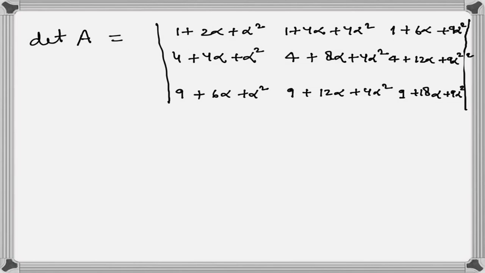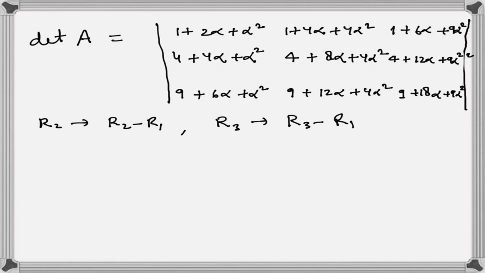We'll make some elementary row operations. I will apply R2 goes to R2 minus R1, and R3 goes to R3 minus R1.